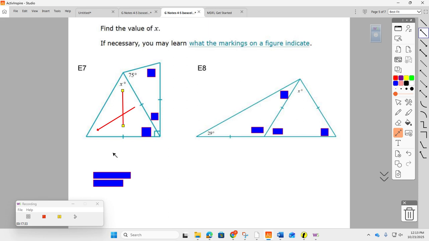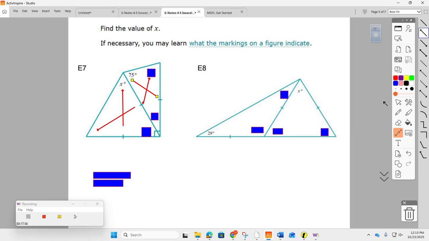I look over here and I say, oh, they share this side, but this side and this side are also congruent. So now I have another isosceles triangle. Does that make sense, Carmen? Okay. So I know that the angles across from those sides have to be congruent.